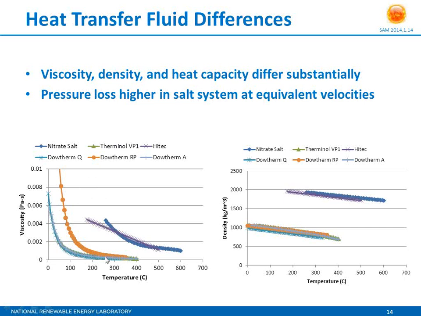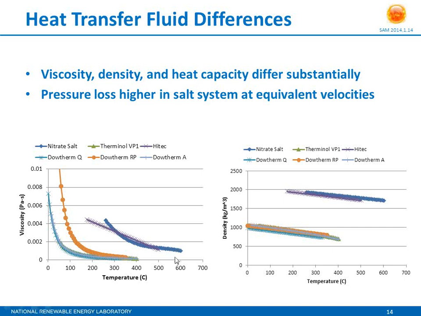The viscosity is kind of hiding here, but it's fairly low. It's one of the lowest viscosities of the fluids that we've got in SAM. And you can imagine now if we change to molten nitrate salt here, we're substantially increasing the viscosity of the fluid. And so that means, all things equal, we're going to have a much higher pressure drop across the field.